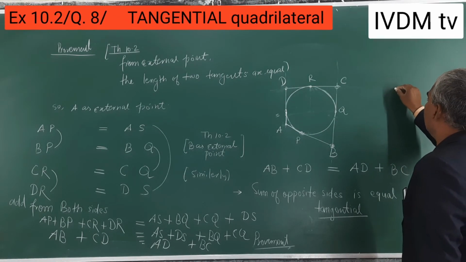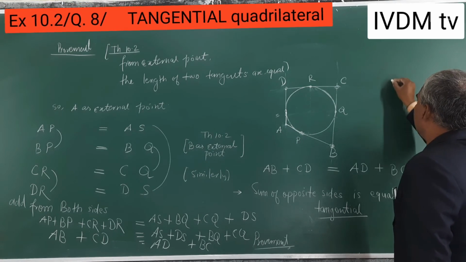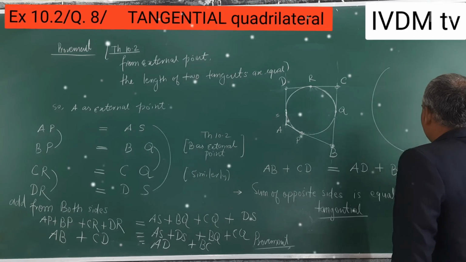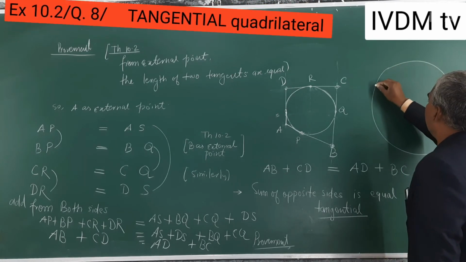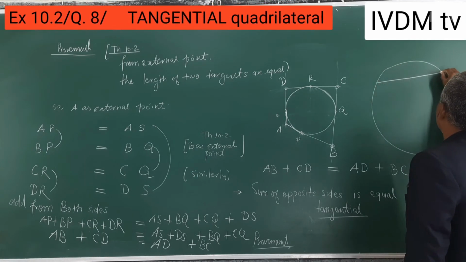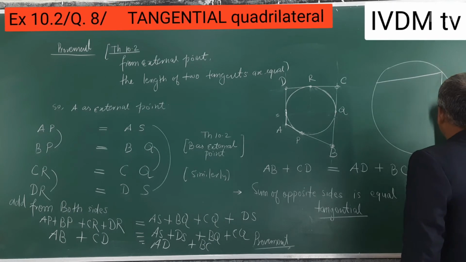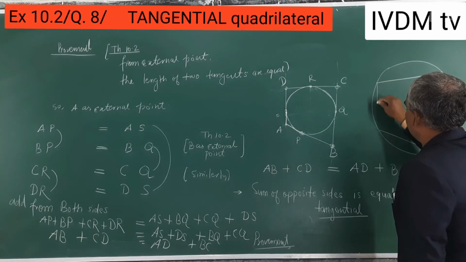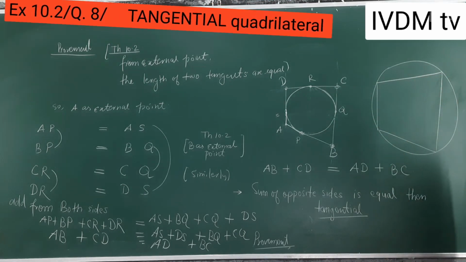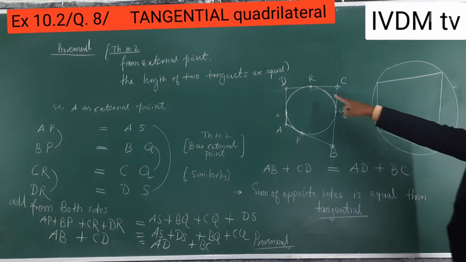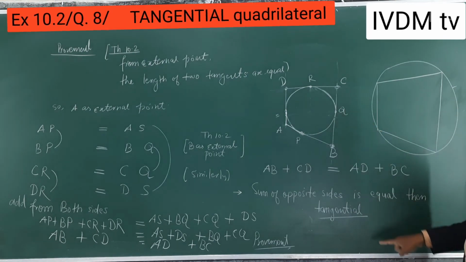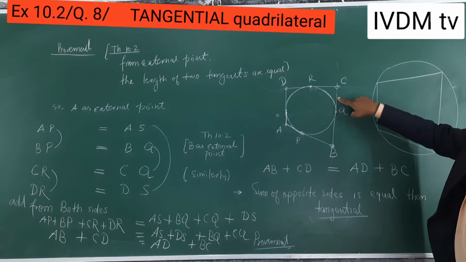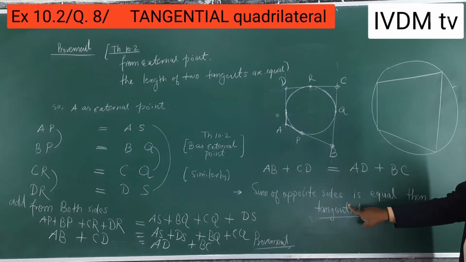Suppose the circle was outside and the quadrilateral was inside. So this is called a tangential quadrilateral.